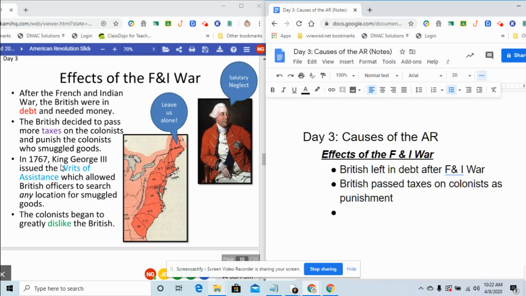And then in 1767, our wonderful King George III issues the Writs of Assistance, which allowed British officers to search any location for smuggled goods. Now, we've talked about this in our Constitution. Within the Bill of Rights, we have something that prevents the government from coming in to search without a warrant.